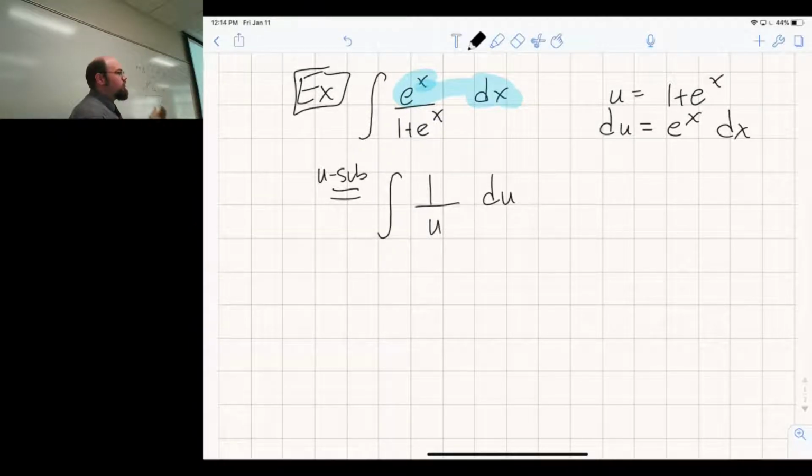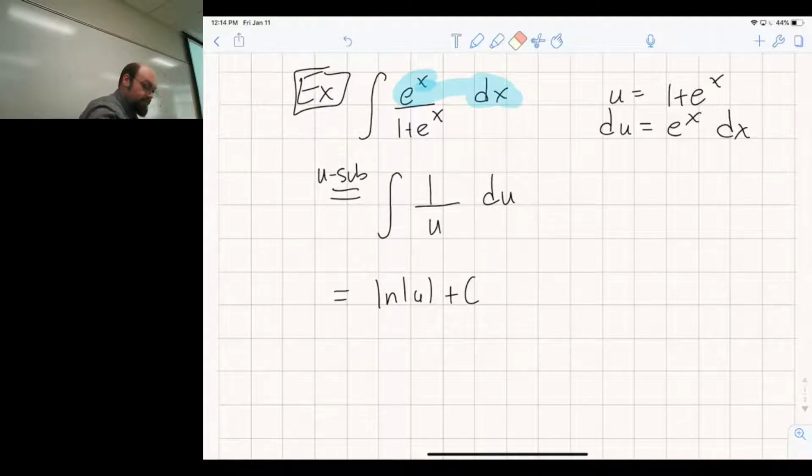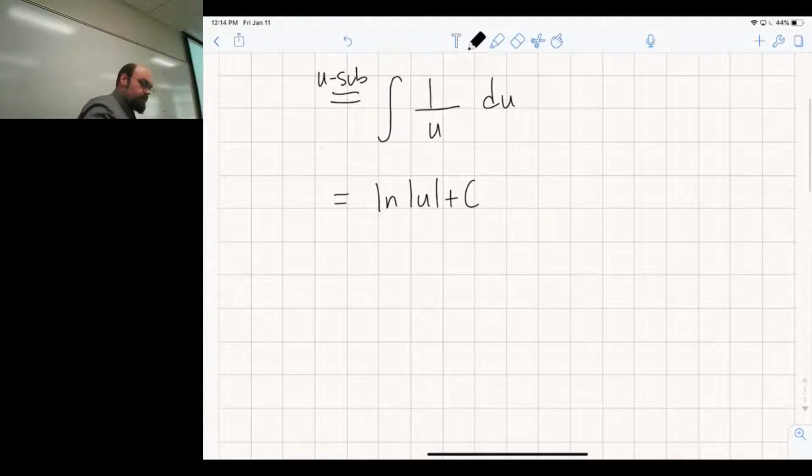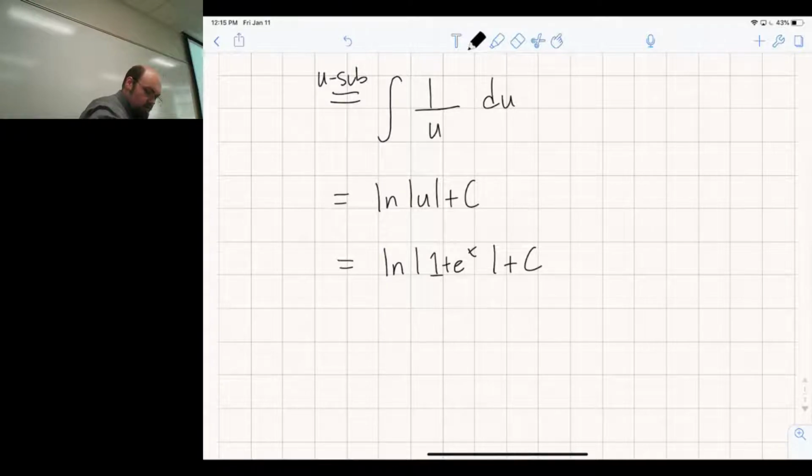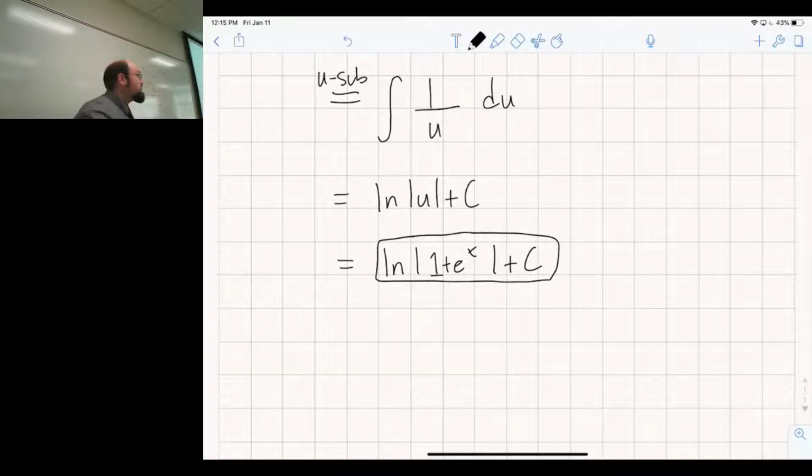What is the integral of 1 over u? That's the ln of u, well, absolute value of u, plus c. And then all I have to do now is plug that u that I substituted back in. And that would be the function.